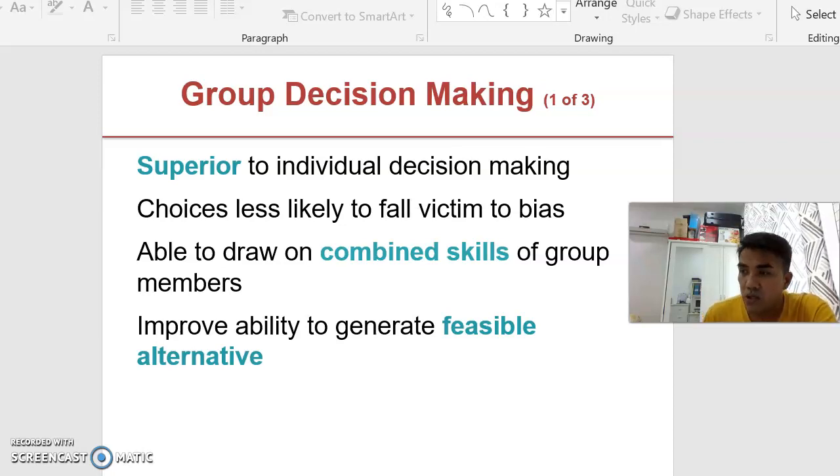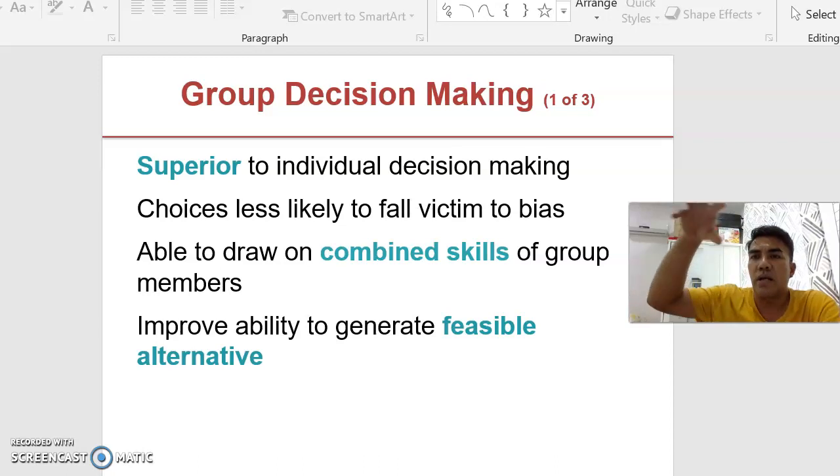We are forced to work in groups, and even in our group project for this particular course, each of the students is assigned to a particular group, so you have to find ways to work with the rest of your group members, and there are no other options. And so when you are in that kind of situation, you are going to make a group decision.